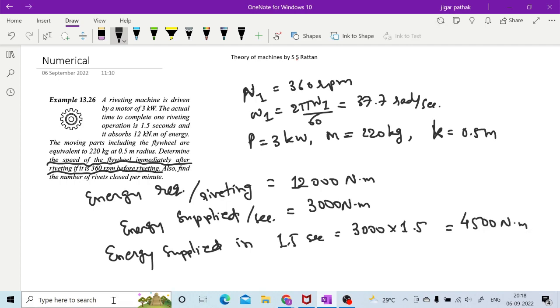So the energy supplied in this 1.5 seconds is 4500.